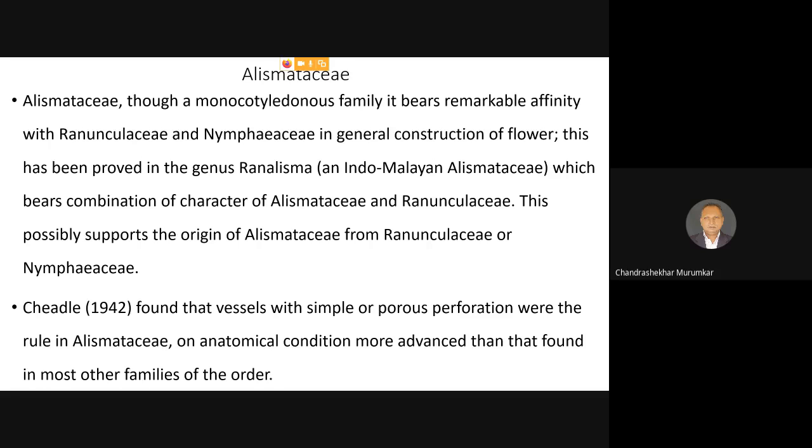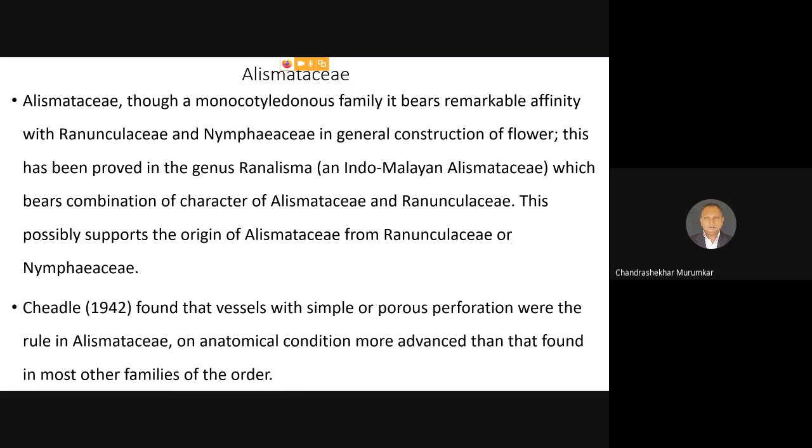Also, the floral characters, particularly the stamens and carpels of Alismataceae and Nymphaeaceae, are compared together and show several homologous, parallel characters. So it is indicating parallel evolution.